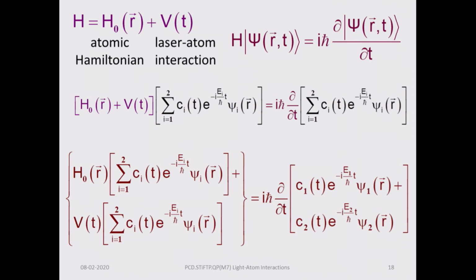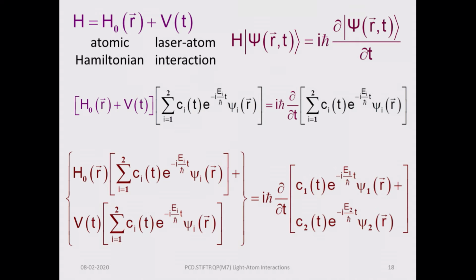On the right hand side, you have to take the time derivative of the two terms on the right side. Each term has got two functions of time, one coming from the dynamic phase of the stationary states, and the other time dependence is coming from the time dependence of the coefficients.